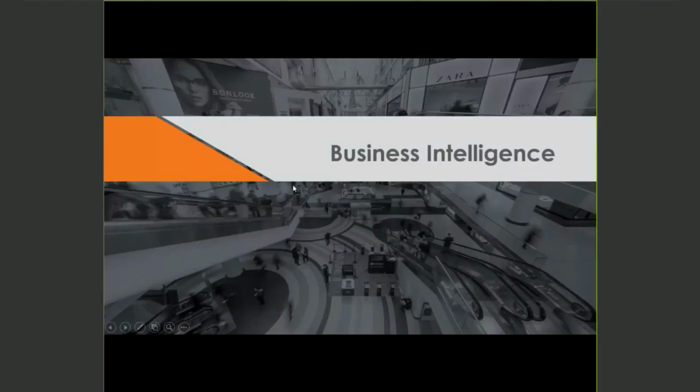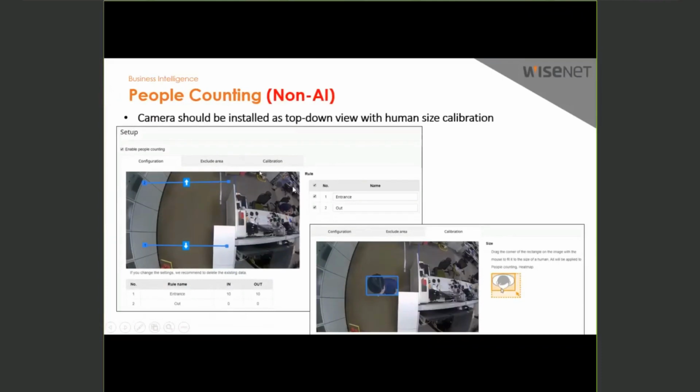So finally, business intelligence. People counting first. This is non-AI, because we have two different types of people counting: with AI, a deep learning algorithm, and without AI. This is traditional people counting with our X series camera and P series, Q mini series camera.